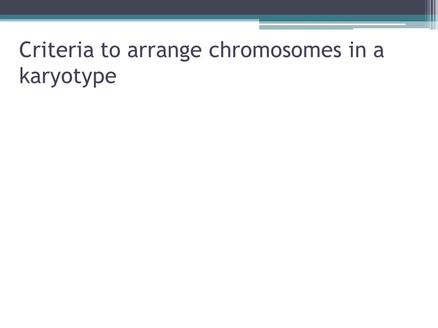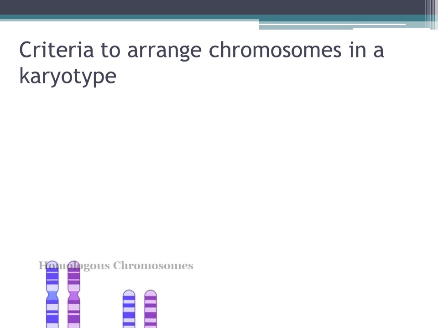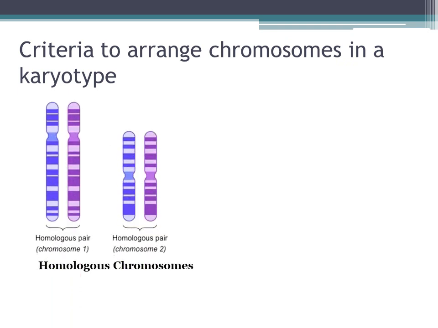So what are homologous chromosomes? This schema shows two pairs of homologous chromosomes which are made up of chromosome pairs of the same length, same position of centromere, and similar staining or banding patterns. So what is a band?